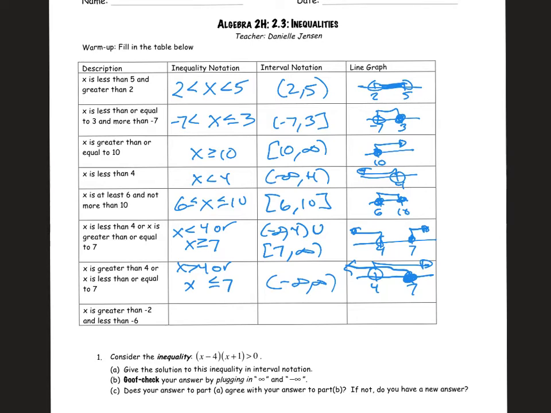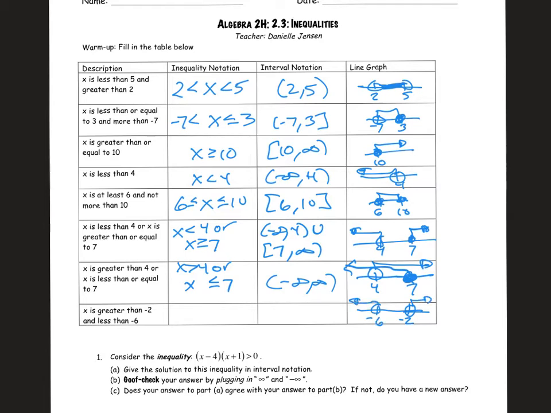Okay, X is greater than -2 and less than -6. If I think about that, greater than -2, whoops, let's not do that. Greater than -2 or less than -6.